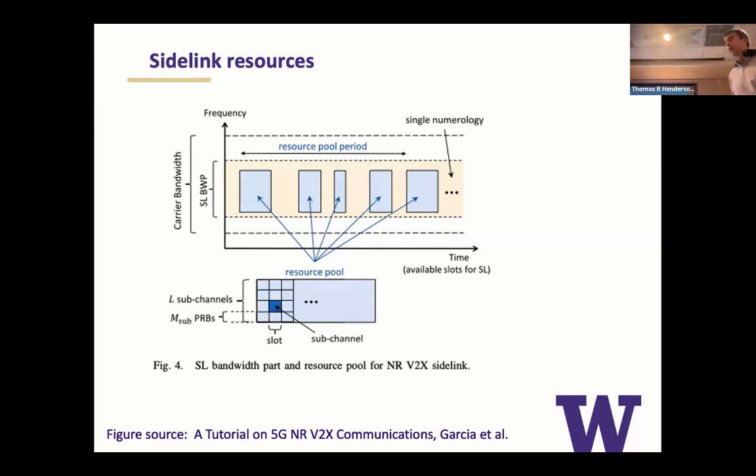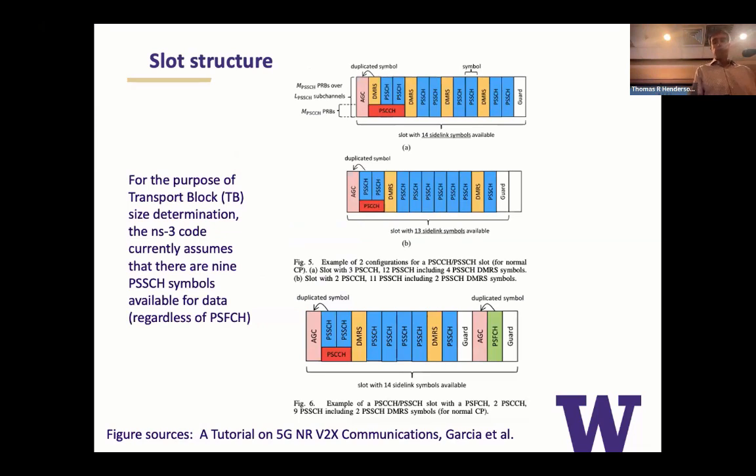Similarly, the minimum granularity in a sidelink network is a slot. There's not the capability, like you may have in the uplink and downlink networks, to have mini-slots. Only a full slot is the time domain granularity here. Within the slot, if you look at the standard, and these diagrams are very nice, they're from this communications surveys and tutorials paper, there are different ways that the slot can be structured.